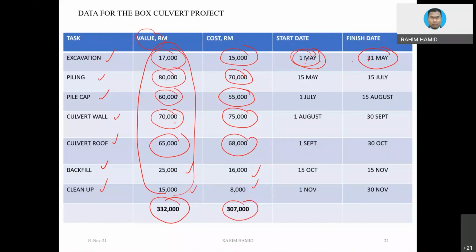So the difference between 332 and 307 is what we call profit. You see, 332 equals 307 plus 25,000 of profit. This is what we call profit.